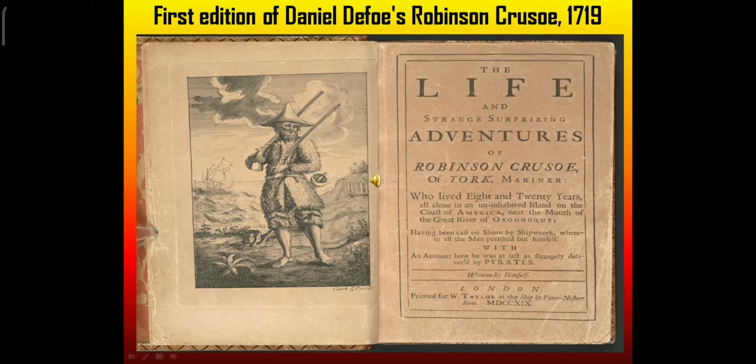But when it was published, the name was The Life and Strange Surprising Adventures of Robinson Crusoe of York Mariner, who lived 28 years all alone in an uninhabited island on the coast of America, near the mouth of the great river of Orinoco, having been cast on shore by shipwreck, wherein all the men perished but himself, with an account how he was at last as strangely delivered by pirates, written by himself.